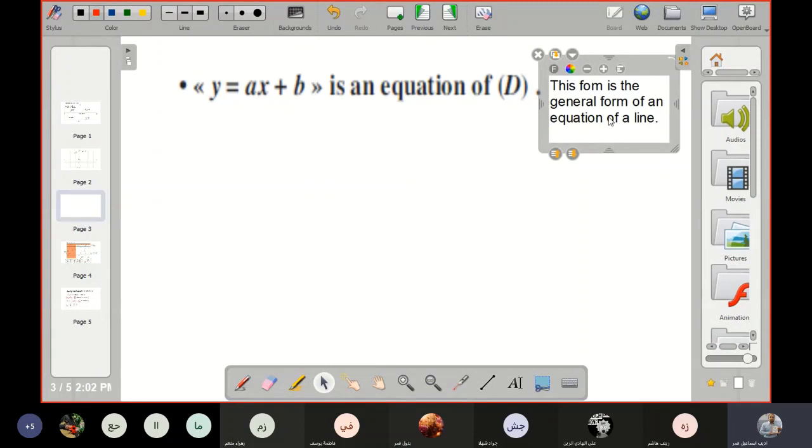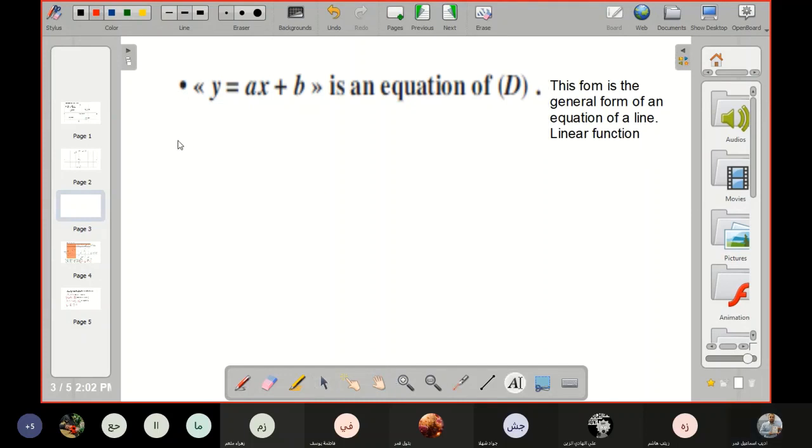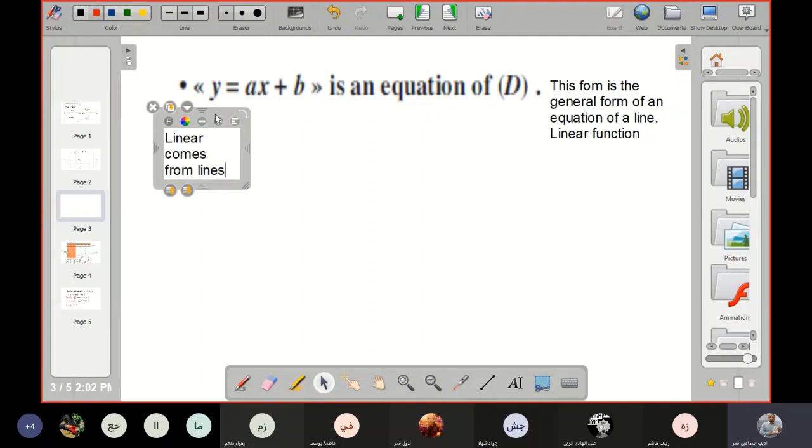It is called a linear function. Who knows what the meaning of linear is? Line.